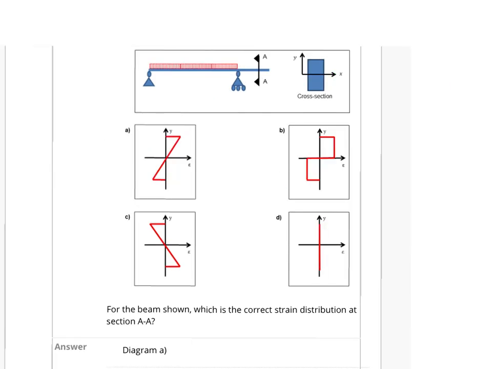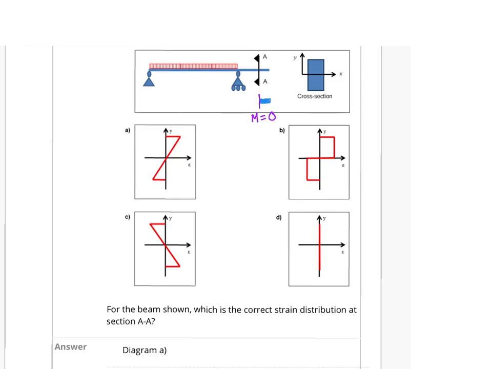In this case again, we need to work out what the bending moment would be at this part. As you can see, there are no loads acting onto this section. So the bending moment is really zero at this point. The bending moment at that section, M, is equal to 0.